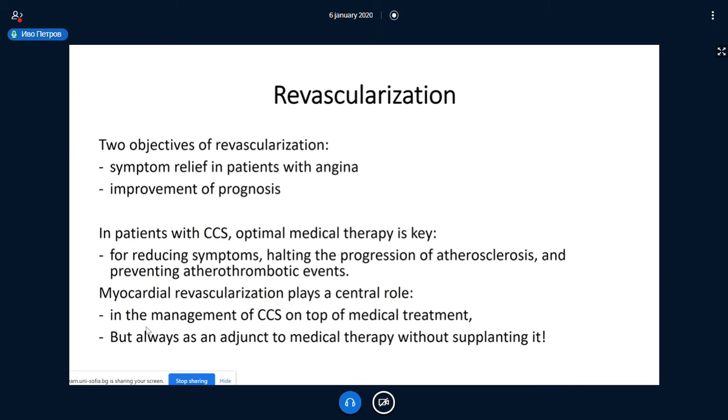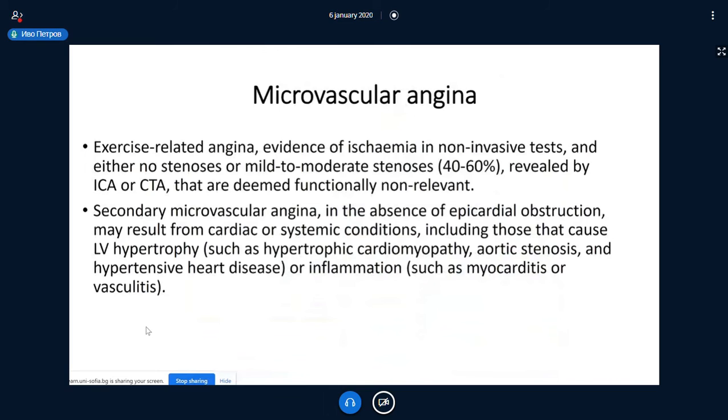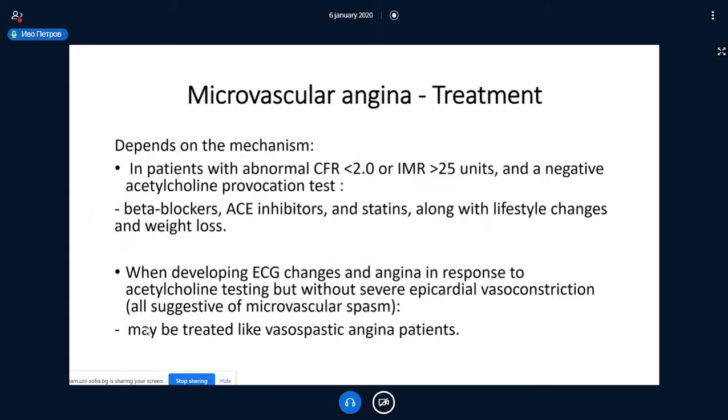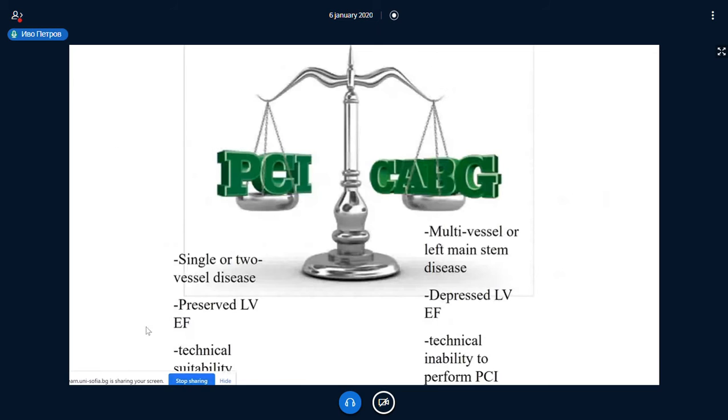So, what kind of revascularization treatment? I have spoken already that in case the ischemic burden is high, more than 10% of the myocardium, there are variants, but I will skip that.